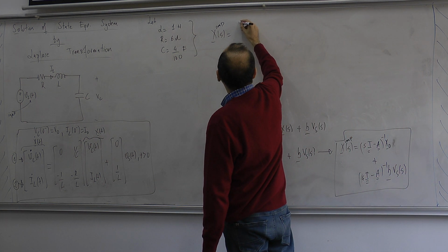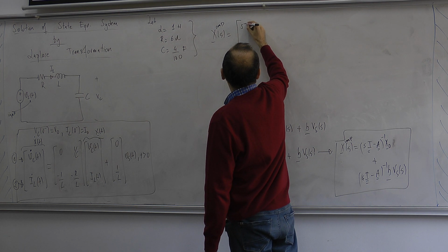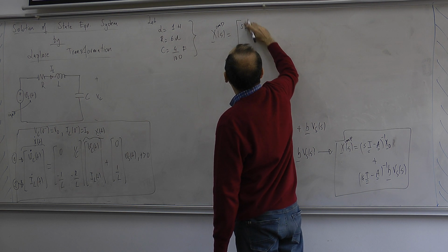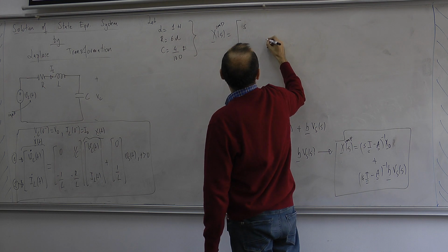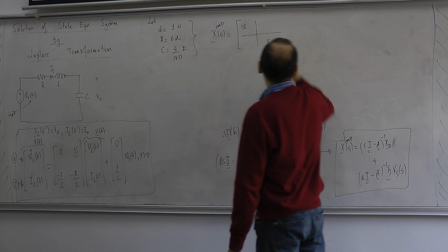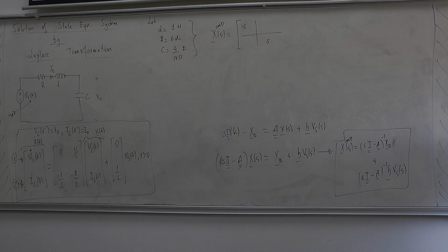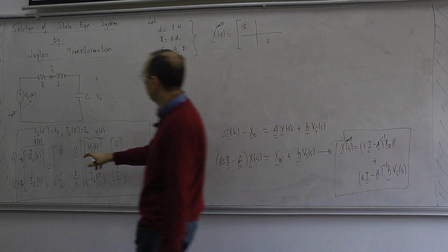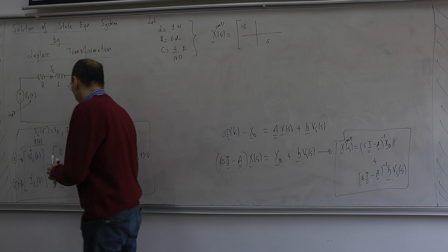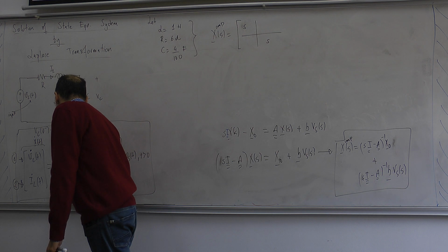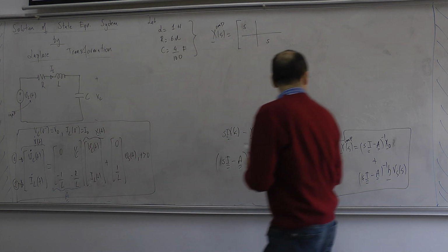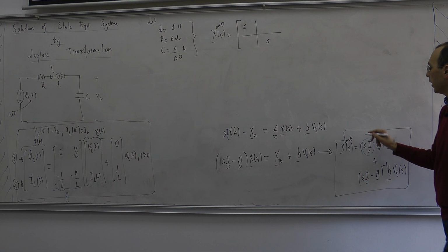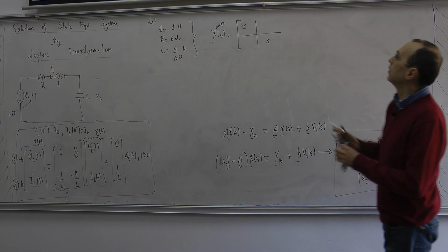So let me try to write that matrix. sI, so s is this. Minus A, so this is A. Up to now I have written this part, s times identity.